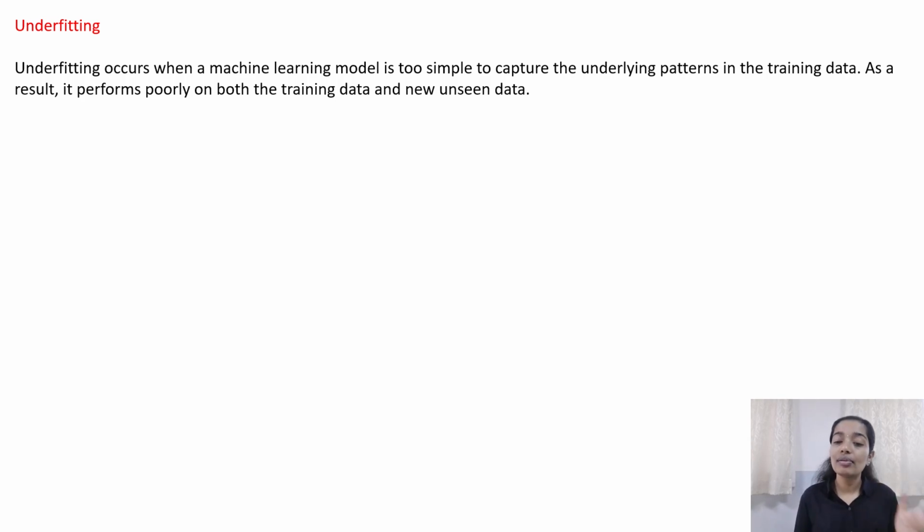It won't even be able to recognize the seen patterns, and on unseen patterns it will obviously not be able to perform well. So it is underfitting when our model becomes so simple or the training data is so limited that the model is not able to pick up any patterns from it. So it doesn't perform well on both training data as well as testing data, which ultimately results in poor accuracy.